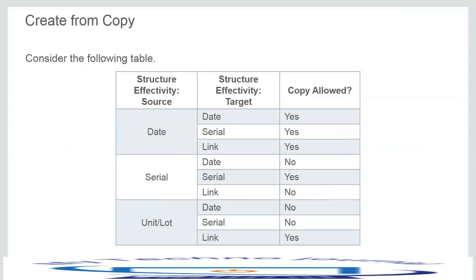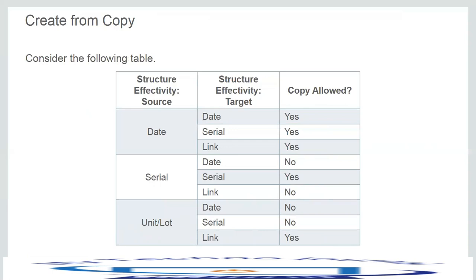This table shows the different effectivities along with restrictions across which you can copy structures. We could create a new structure by copying a nearly identical one and then make necessary changes.